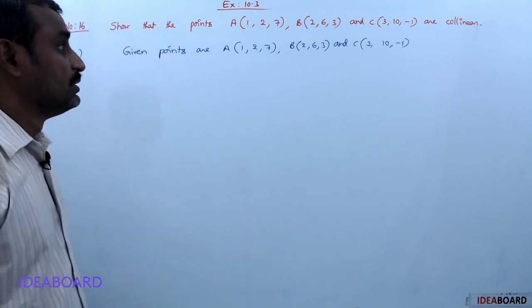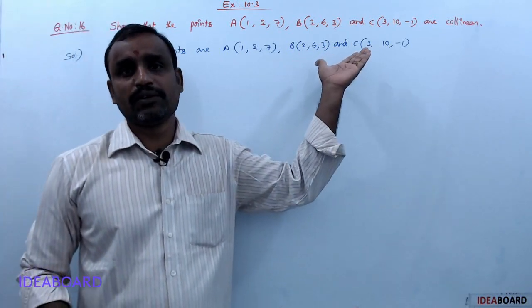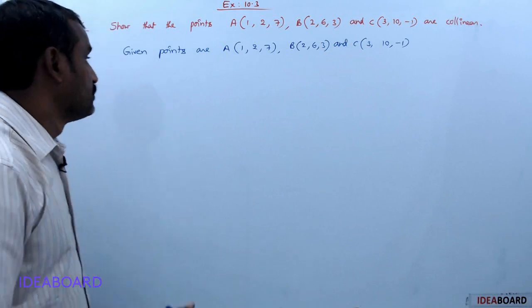So now, like the previous question, we convert these points to position vectors first of all.